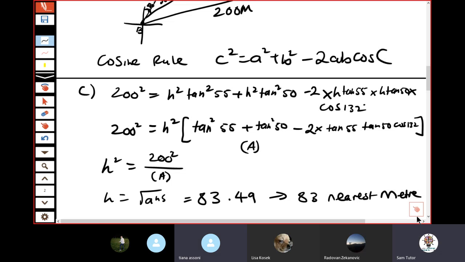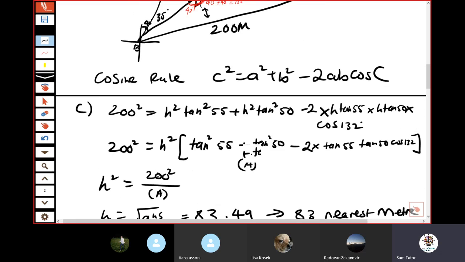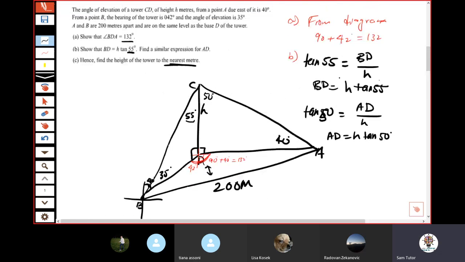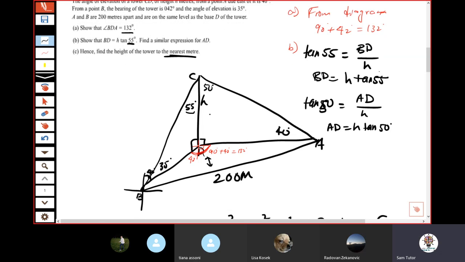Got it. Beautiful. So, any questions? Lisa, Tiana, do you feel like you girls are comfortable with everything I've just done there? Are you starting to realize you're looking for this side and then this side, and eventually we're going to use this side and this side of this triangle at the bottom to find my height?